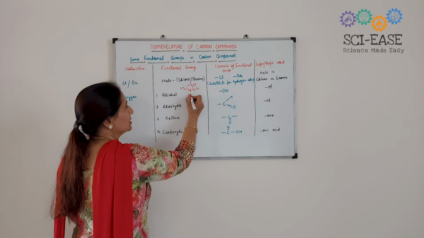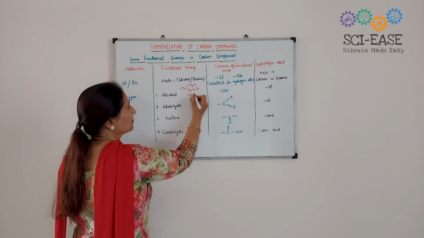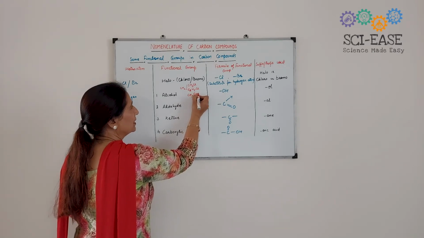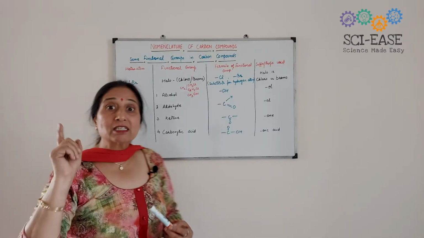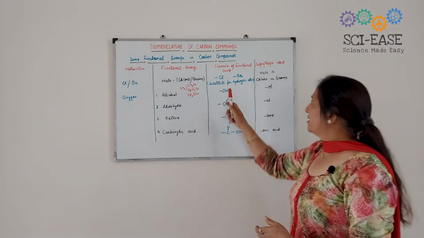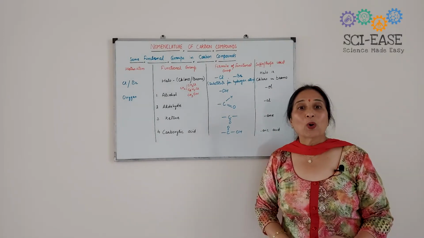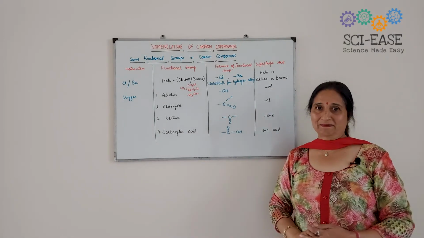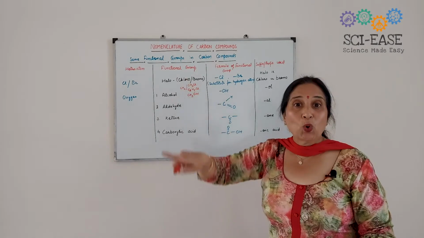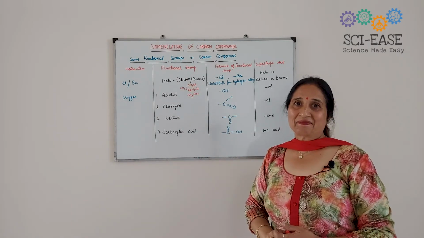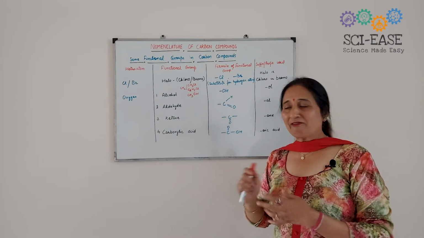Suppose this is CH3OH. So what is the suffix used here? Here the suffix used is -ol. So its name will be methanol. Ol is used as a suffix.